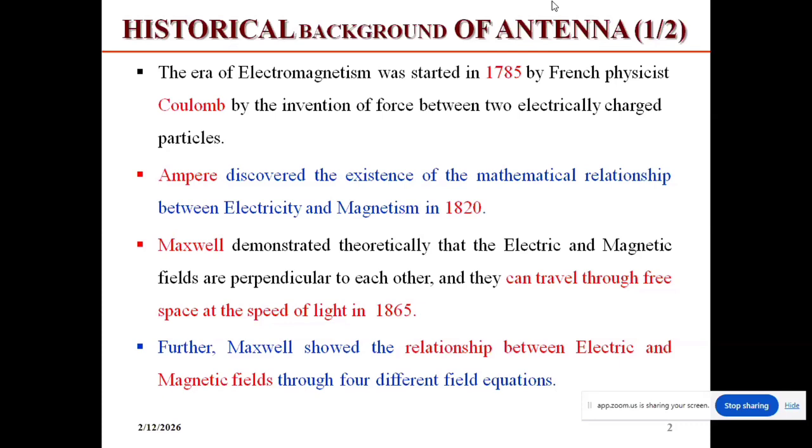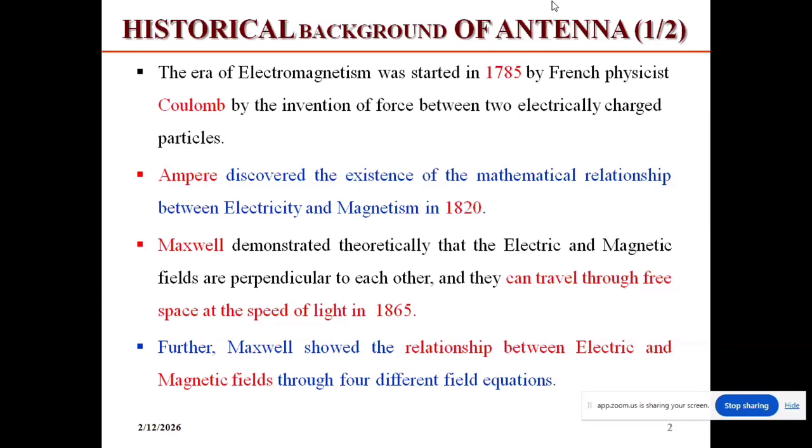Then Ampere discovered the relationship between electricity and magnetism in the year 1820. Maxwell, from my point of view, is the father of the electromagnetic wave. He related Coulomb's finding and Ampere's finding with the Stokes theorem, and he found that electric and magnetic fields are perpendicular to each other.